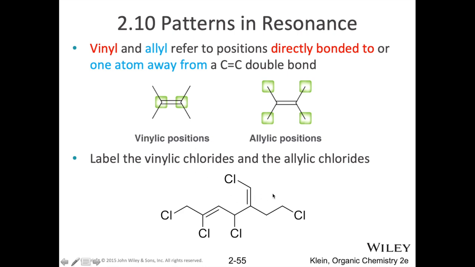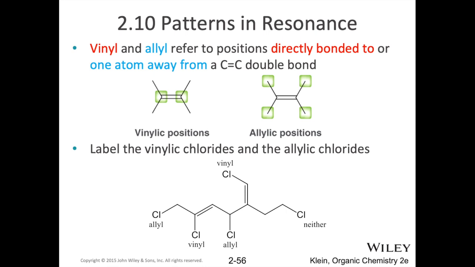Here we have chlorines that are attached to double bonds, those are vinylic chlorines, and then we have a chlorine that's attached to an allylic carbon, a carbon that's one carbon away from a double bonded carbon, and so those chlorines are considered your allylic chlorides.